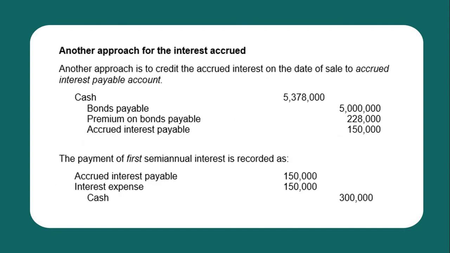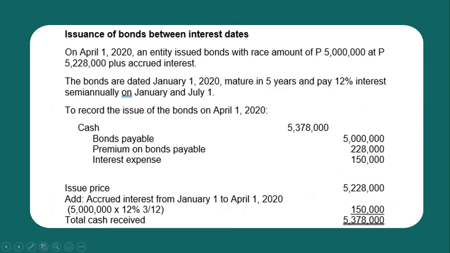Now, kaning 5 years, nagsugod ni siya sa date of the bonds, okay? When the date of the bonds is January 1, 2020. So, dira nag-start ang counting sa 5 years. But take note, the issuance of the bonds happened on April 1. So, meaning, dili na gyud siya full 5 years. Nakuhaan na siya og 3 ka bulan.